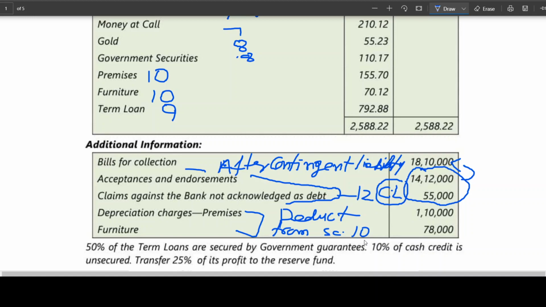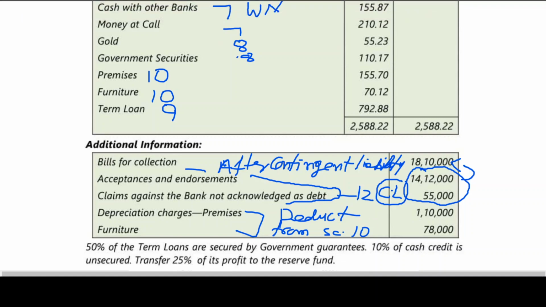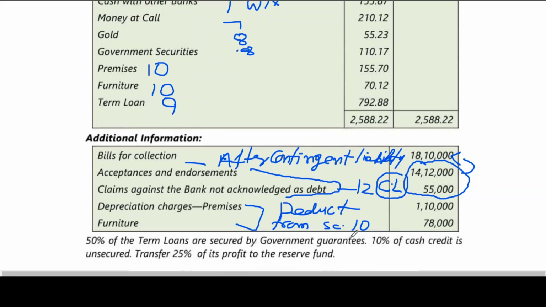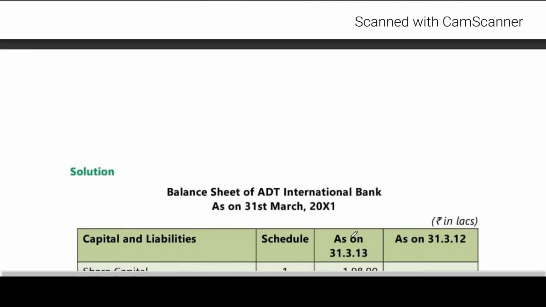Deduct from Schedule 10. Then next, 50% of term loans are secured by government guarantees, 10% of cash credit is unsecured. Transfer 25% of profit to reserve fund. Now this problem, actually we are working out. In the material they are not given.